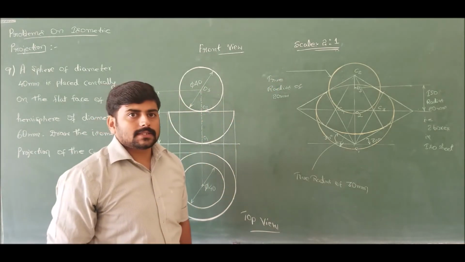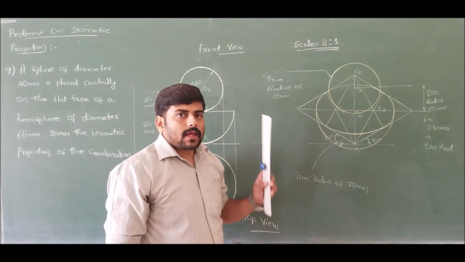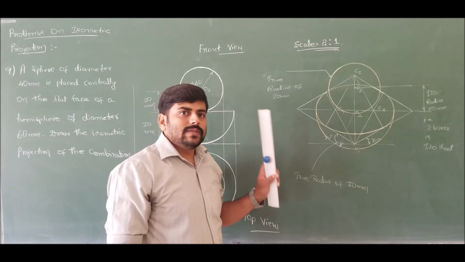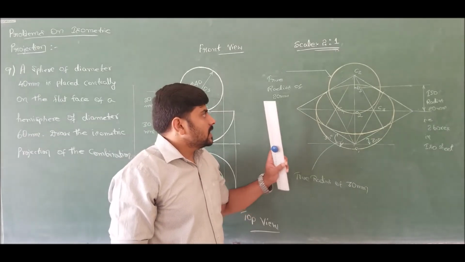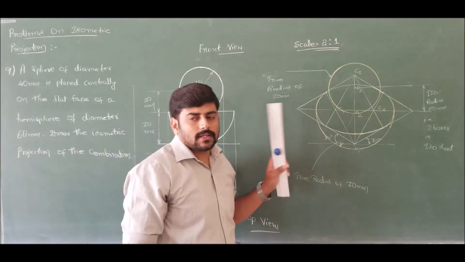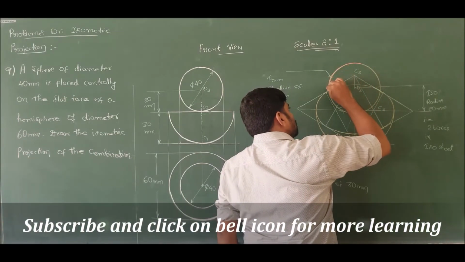Now, after drawing the isometric projection of the given combination, dark the visible curves. So if I draw the visible curves, the isometric projection will look like this. The sphere is completely visible, so dark the sphere.